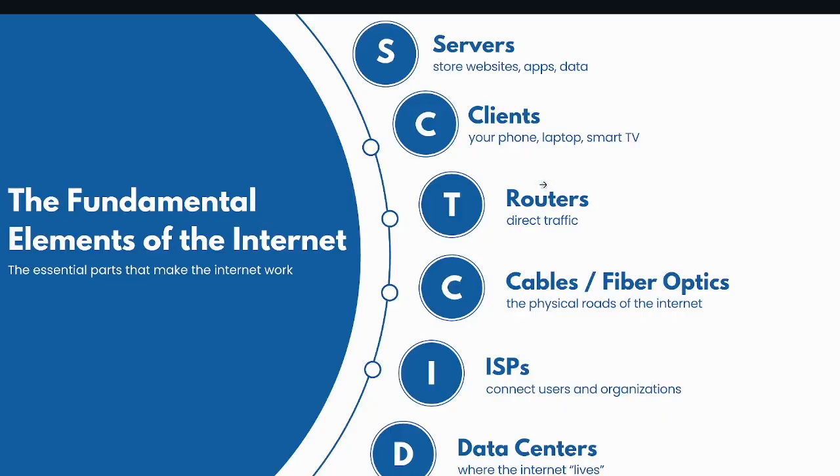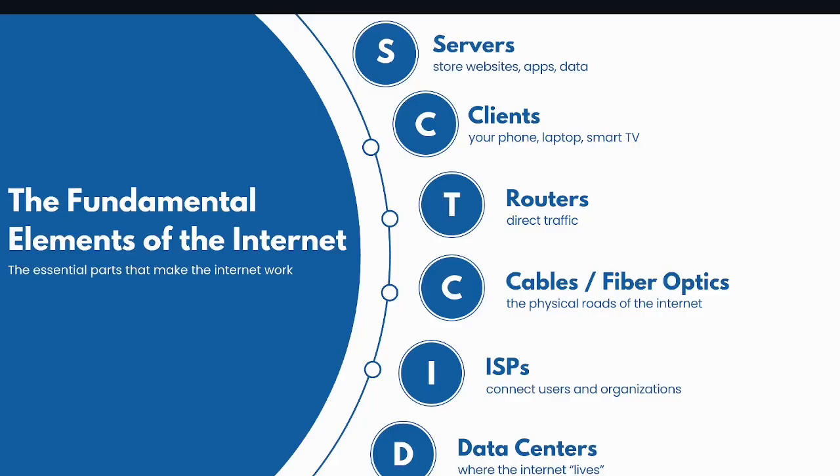So the next one is the router. When we talk about the router, it directs traffic, right? They are like digital traffic controllers, making sure your data packets find the fastest and safest routes to their destination. So the router is just like the carrier, right?